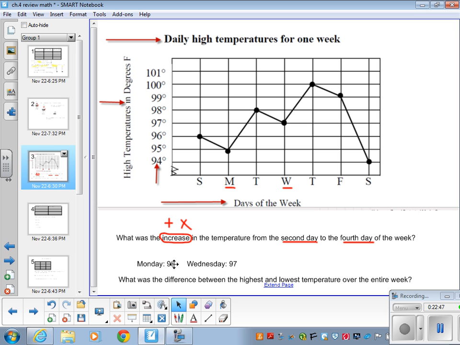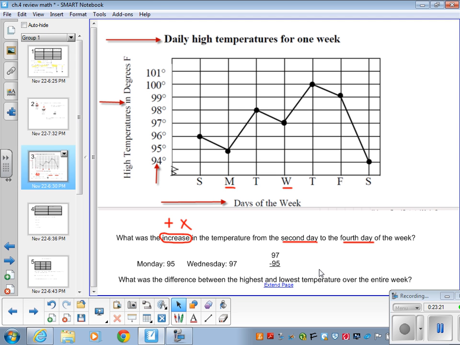So, in order to find the increase, I have to do the opposite of what the word in the question asks me to do. I have to take Wednesday, and I have to take Monday. And to find the increase, I have to do the opposite operation, which is subtraction. I knew I didn't have to multiply because I didn't want to know over multiple weeks.